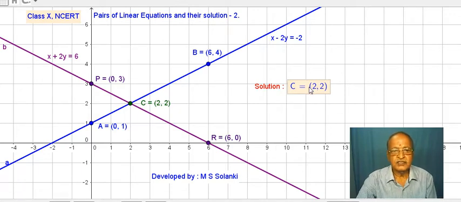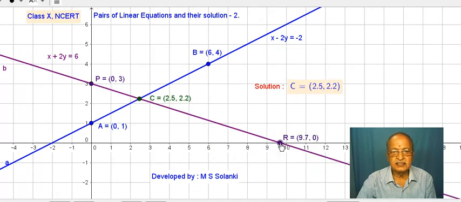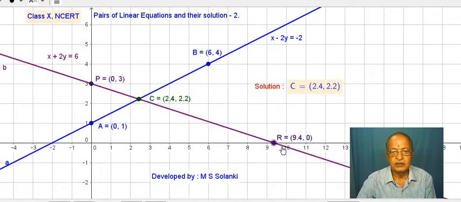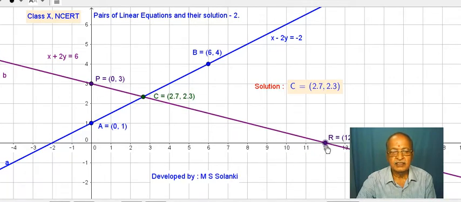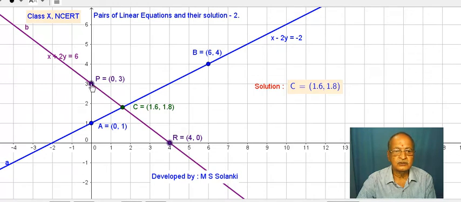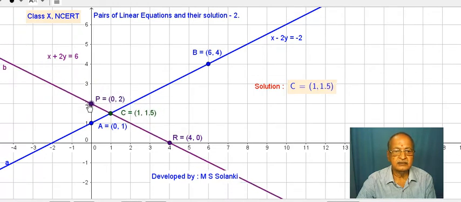Suppose I want to change the equation form, in case you will get the decimal value. I'm sorry, you must bear with me. Let us take this value of 4, 0 and this value.